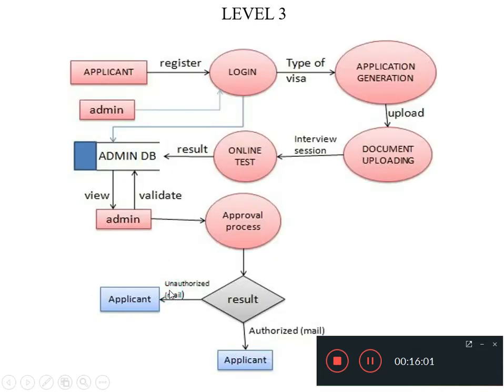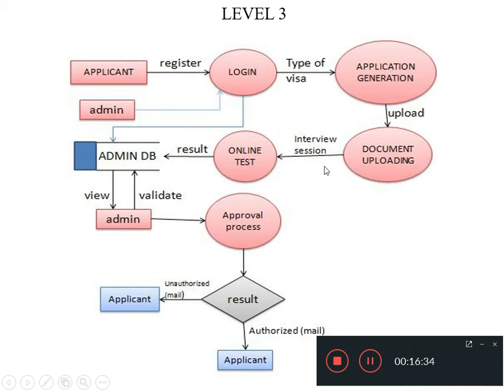So level 3 is the full DFD diagram of the full project. The applicant logs into the application with the registration process. They need to select the type of visa. According to that, the application is generated. Then he needs to update the documents which are necessary for this application.